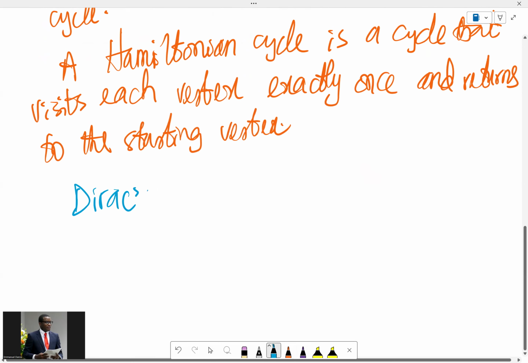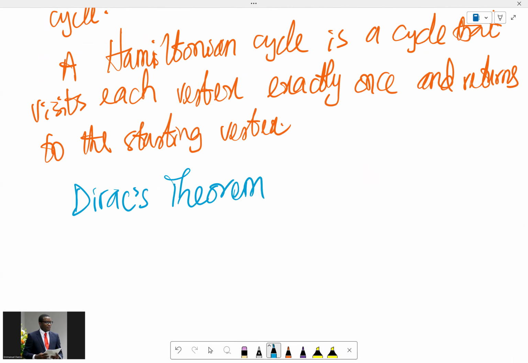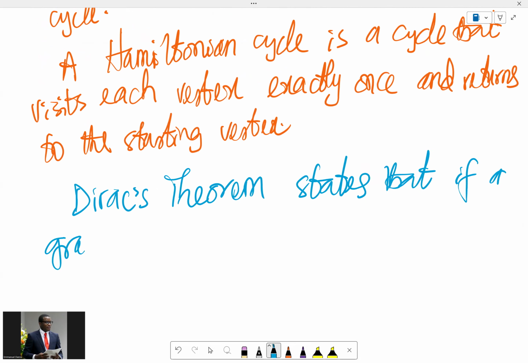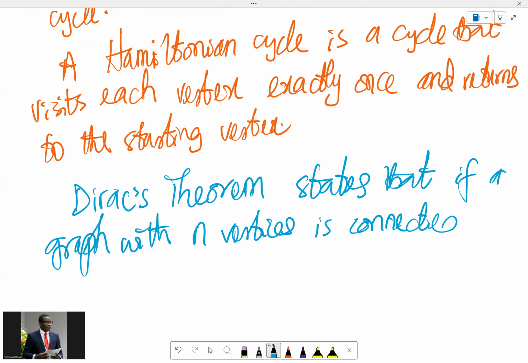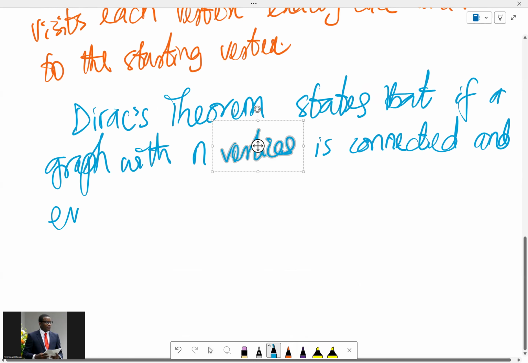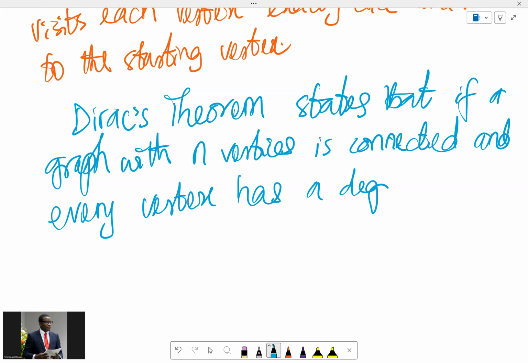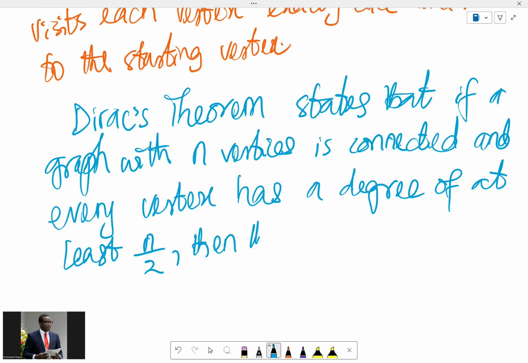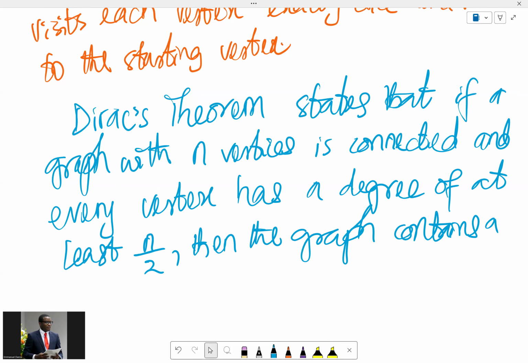Dirac's theorem states that if a graph with n vertices is connected and every vertex has a degree of at least n over 2, then the graph contains a Hamiltonian cycle.